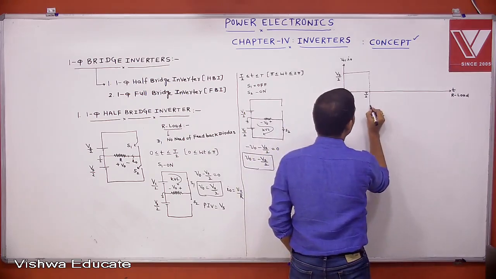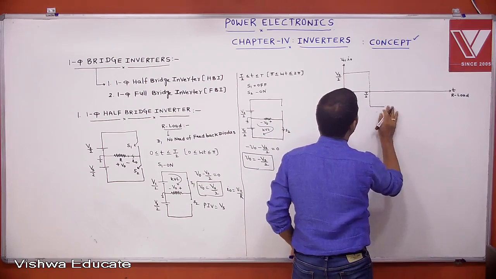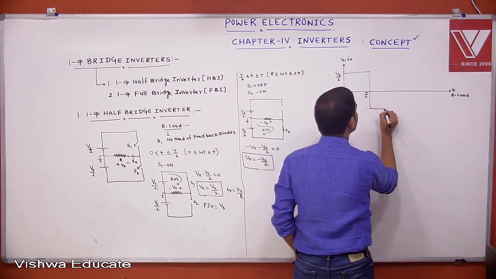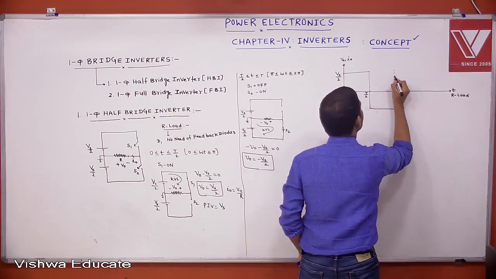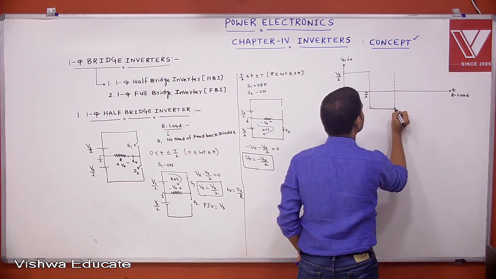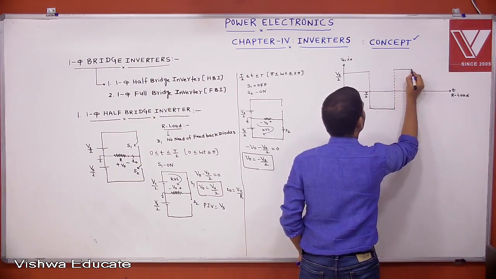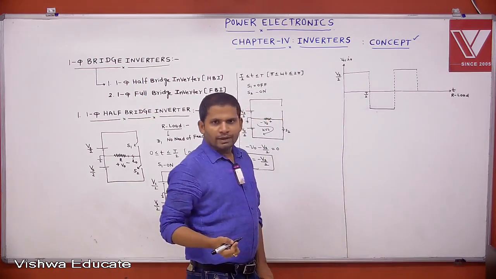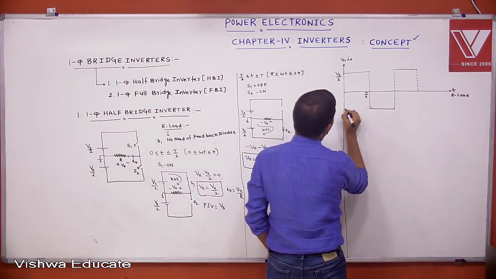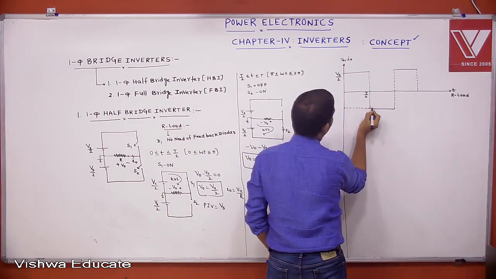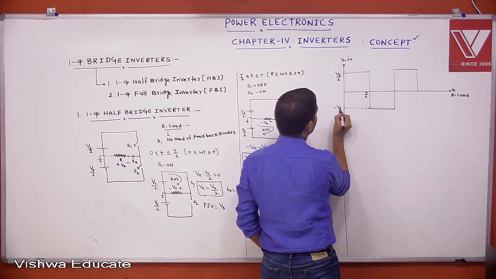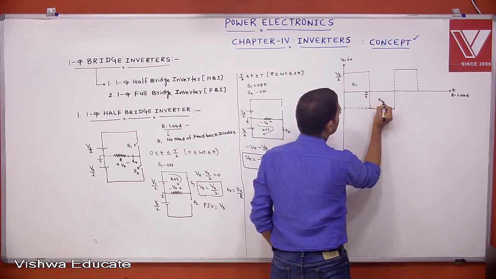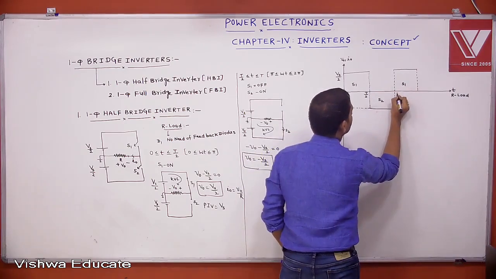Then for T by 2 to T, what is the voltage? Minus Vs by 2. Again the cycle is repeated. Yes, like this we can get the wave shapes. Here S1 is conducting, here S2 is conducting, here S1 is conducting.